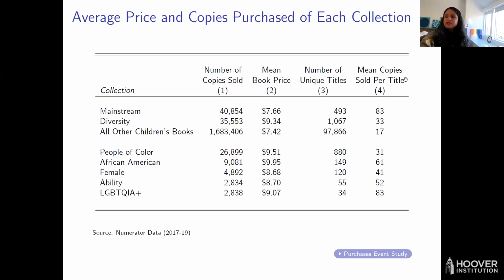And also, I can even show you what we went by kind of fast: when you look at the average number of copies sold per title, yes, there are more mainstream books sold per title, but there are also more books from the LGBTQI+ collection being sold per title, even though they're much more expensive.